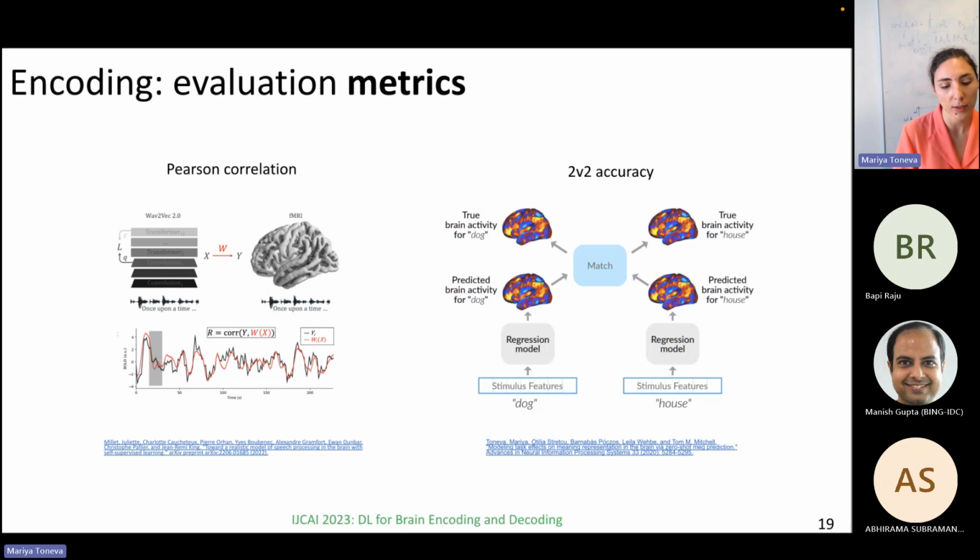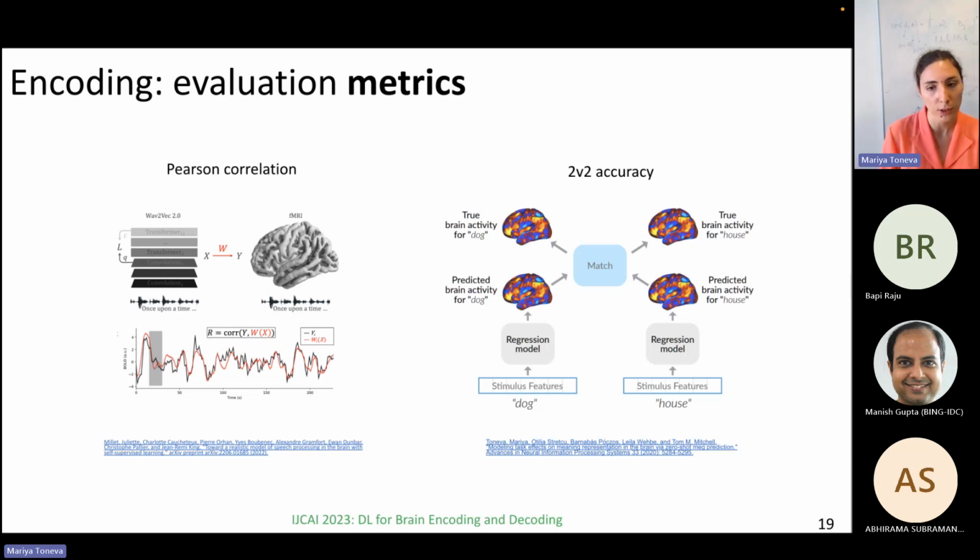So for example, if you have two pairs of brain prediction and the corresponding truth, we want to see is the actual prediction closer to its corresponding truth or the other truth for the other prediction. And here the accuracy is 0 if both of these predictions are closer to the foil truth, and 1 if both truths are closer to their actual corresponding real brain activity.